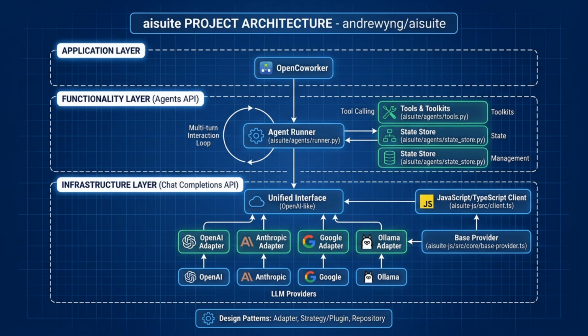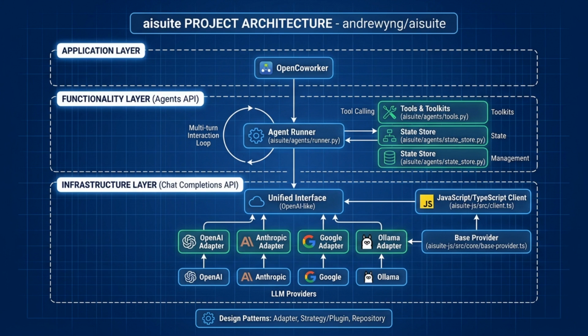They get stuck managing different authentication methods, different parameter names, and different data structures for each service. All this friction slows down innovation and can lock developers into a single ecosystem. aisuite's approach is to be a kind of universal translator. It creates one consistent API, allowing developers to swap out entire foundational models just by changing a single line of text.